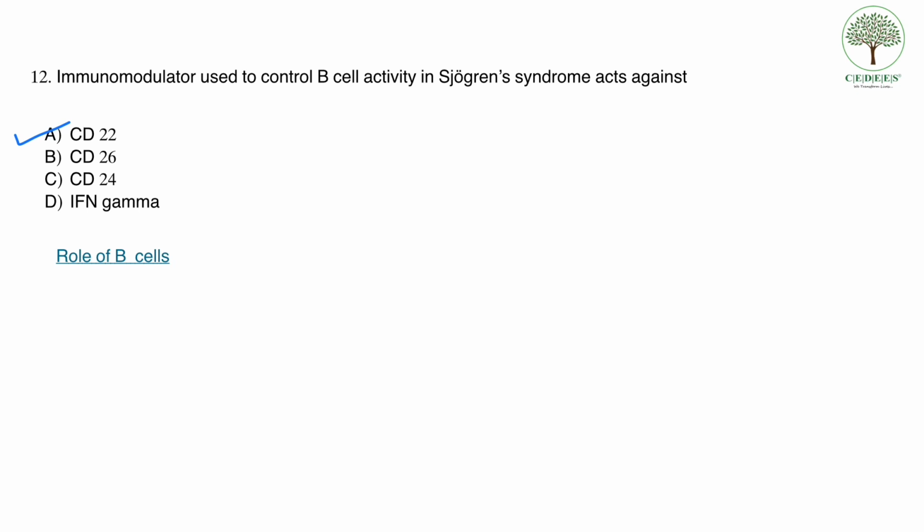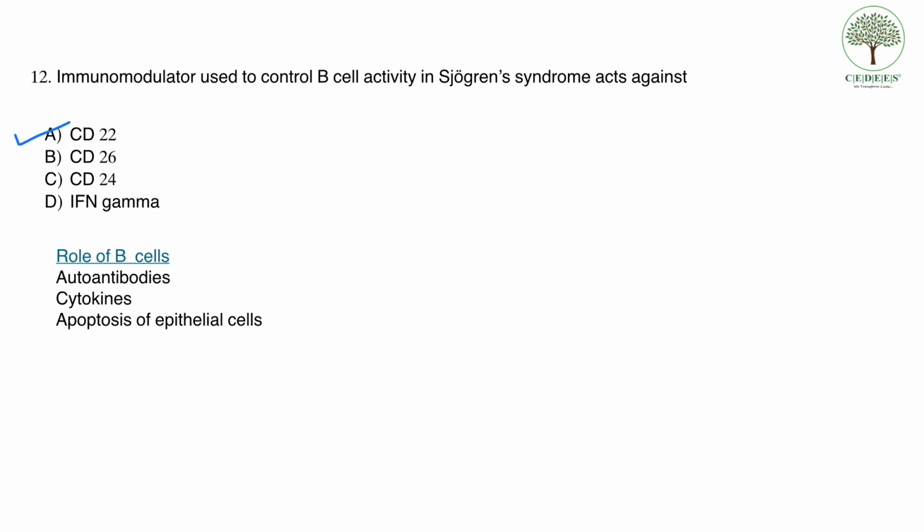So, B cells are implicated in pathogenesis of Sjogren syndrome. They are known to generate autoantibodies, produce cytokines, and even result in apoptosis of epithelial cells in the salivary and lacrimal glands. So the immunomodulator used to treat this will target the B cells.